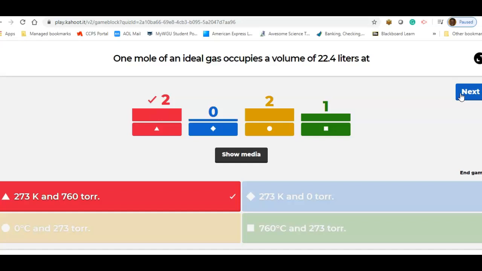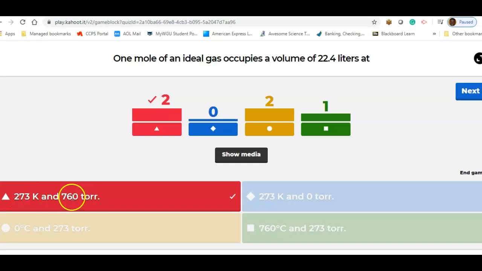Right, if you check your notes, when we were talking about molar volume, I think I gave you the pressure and temperature at STP, standard temperature and pressure. Standard temperature is 273 Kelvin.